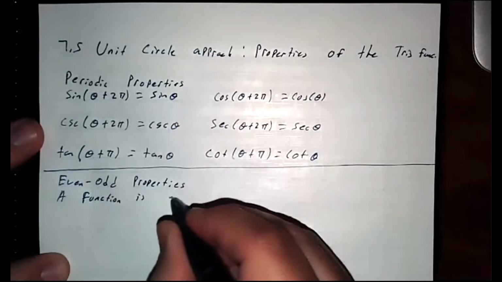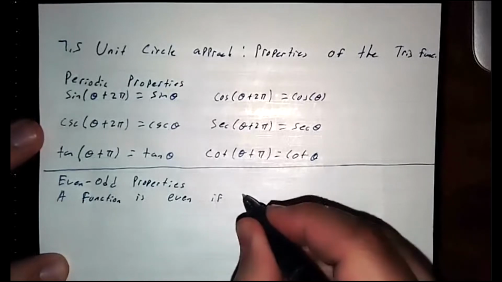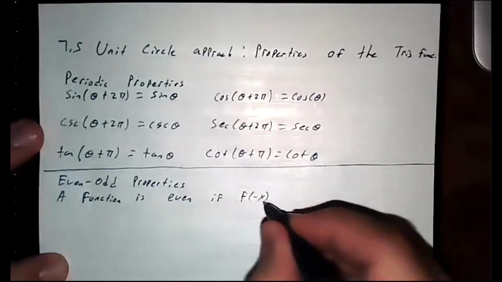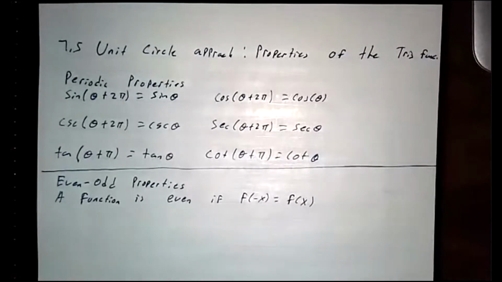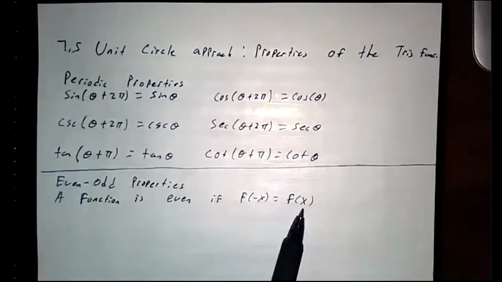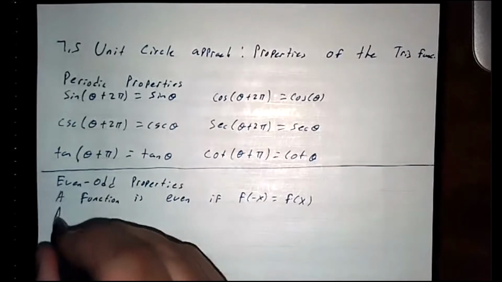A function is even if f of negative x is equal to f of x, meaning that if I plug in a negative value, it'll absorb the negative, and it behaves as if I had plugged in the positive x. Makes no difference. Like if I plug in 2 or negative 2, I get the same output. That's the definition of even.